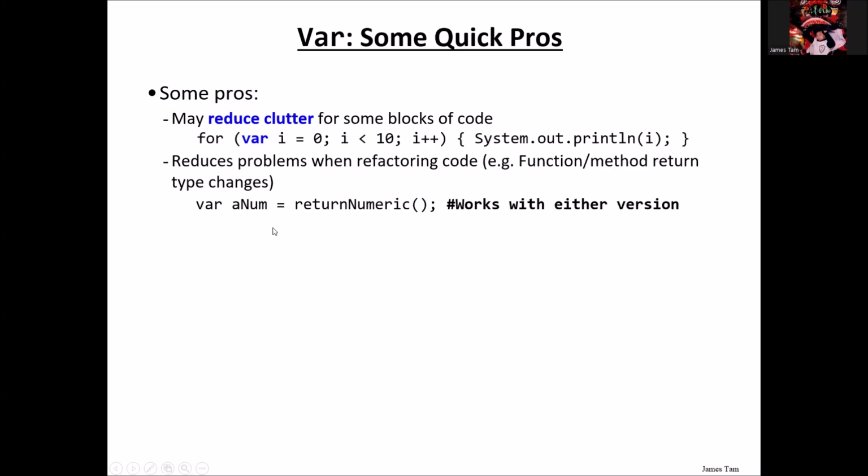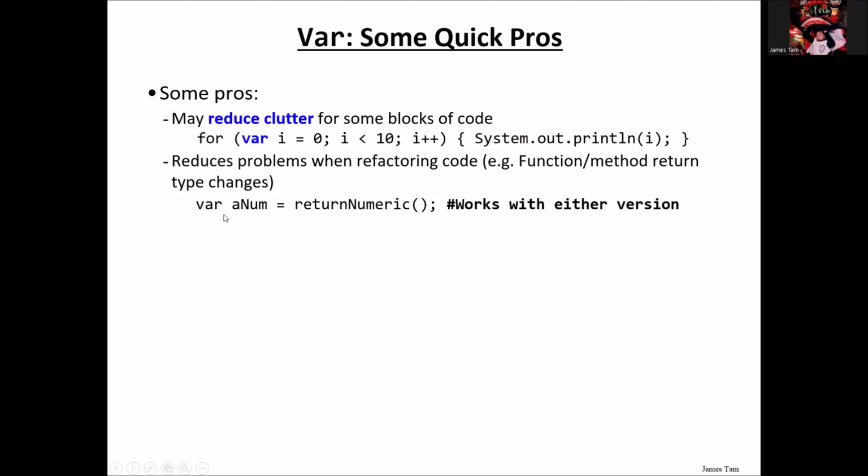However, this is one that I think is an advantage. If you do what's called refactoring code, that means when you're actually redesigning your program, in this case the function or method return type, you actually have to specify a type. If you change the type within a reasonable amount, using VAR will still work.